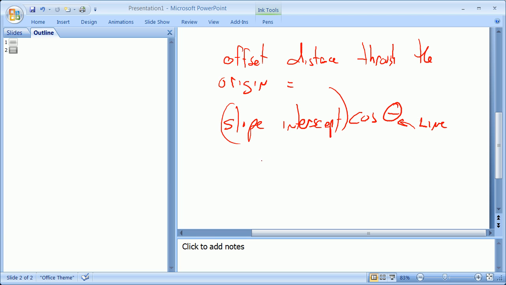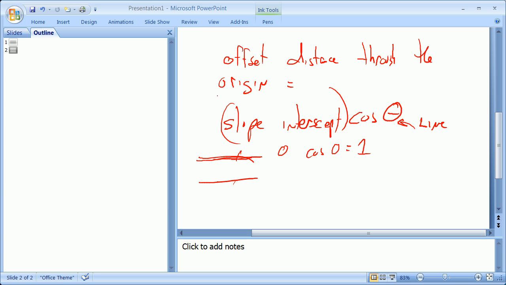And you'll see that later, that becomes the way to test that. If you have a line that is parallel with the x-axis, obviously the angle is 0, the cosine of 0 equals 1, and therefore you get the full distance. As it's less, the cosine goes down, and so that distance will always be less.